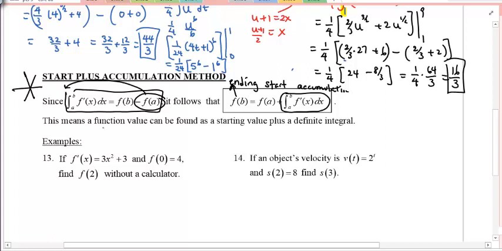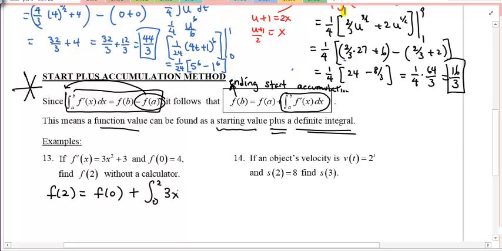This means a function value can also be found as a starting value plus its definite integral. So looking at this one, I want to find the final value f of 2. That's equal to the starting value f of 0 plus the integral from 0 to 2 of the derivative function. See that?